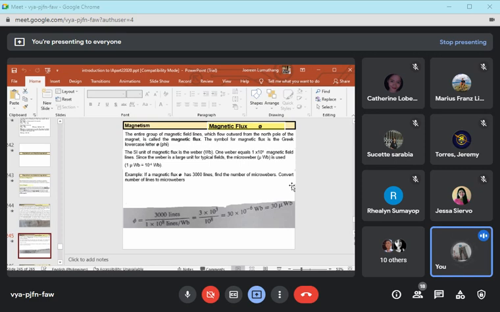First, let us convert 3,000 to a power of 10: 3 times 10 cubed over 10 to the 8th power is equal to 30 times 10 to the negative 6 Weber.